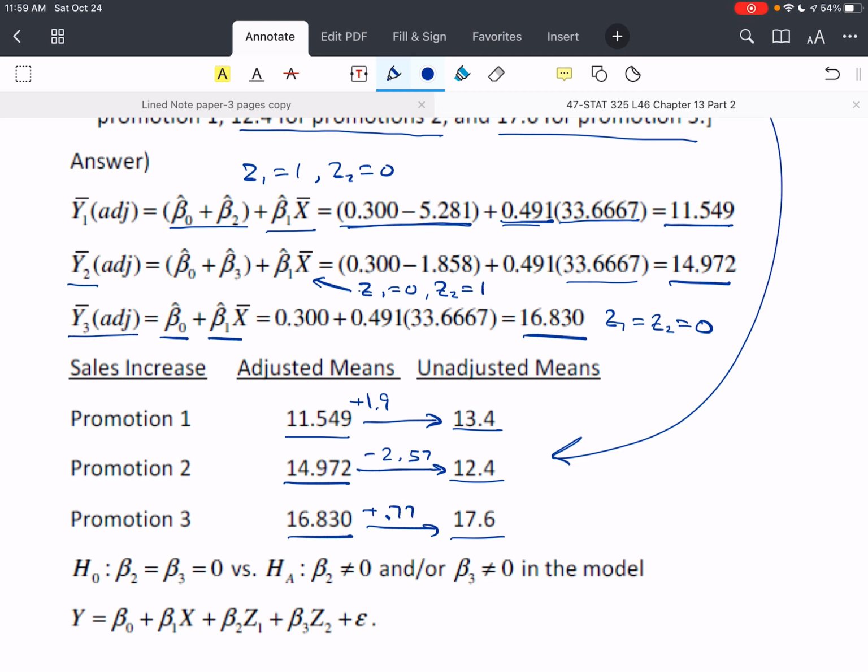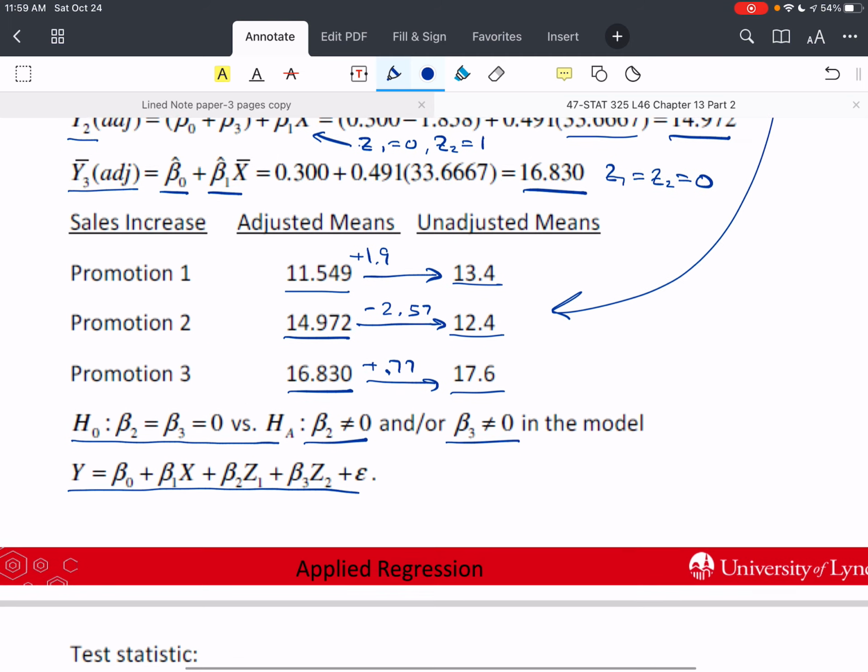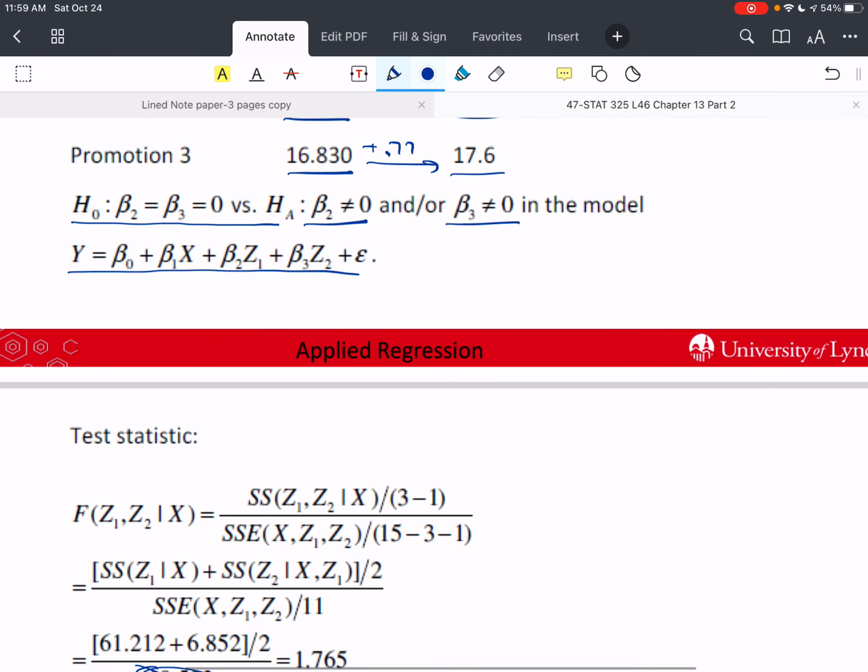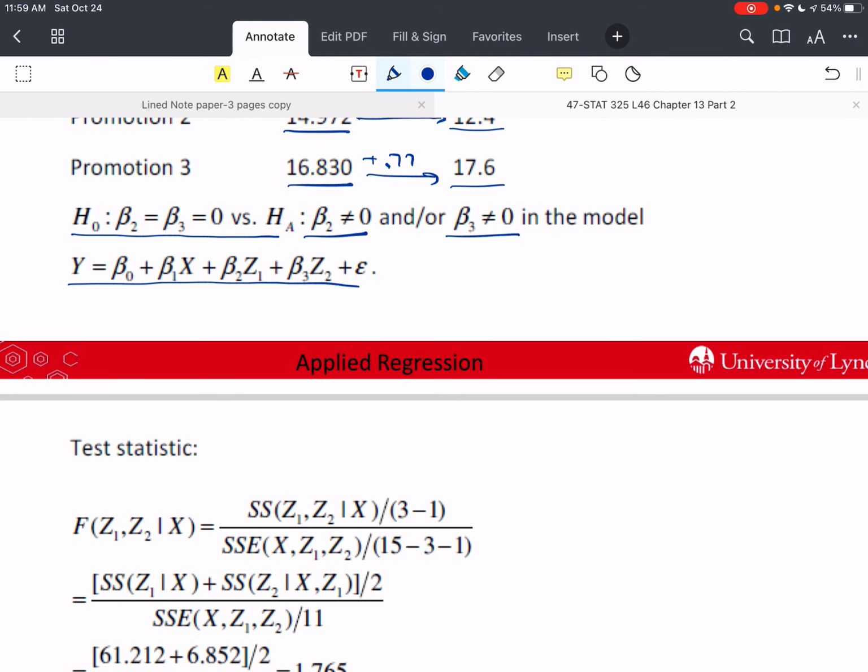Okay. So we need to test that beta 2 and beta 3 are 0 versus that either one of them is not, in this model without the interaction. So our test statistic is a multiple partial F test, z1 and z2 given x1. And so here we can do SS of z1, z2 given x over the MSE with all three.